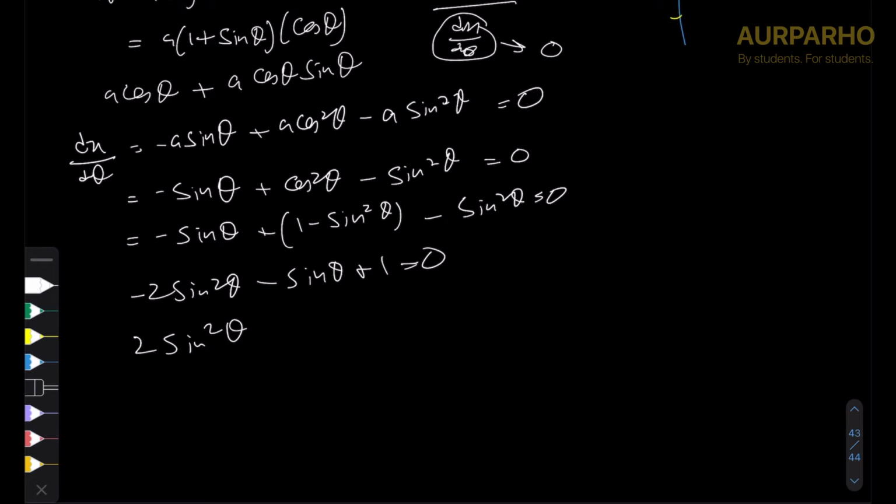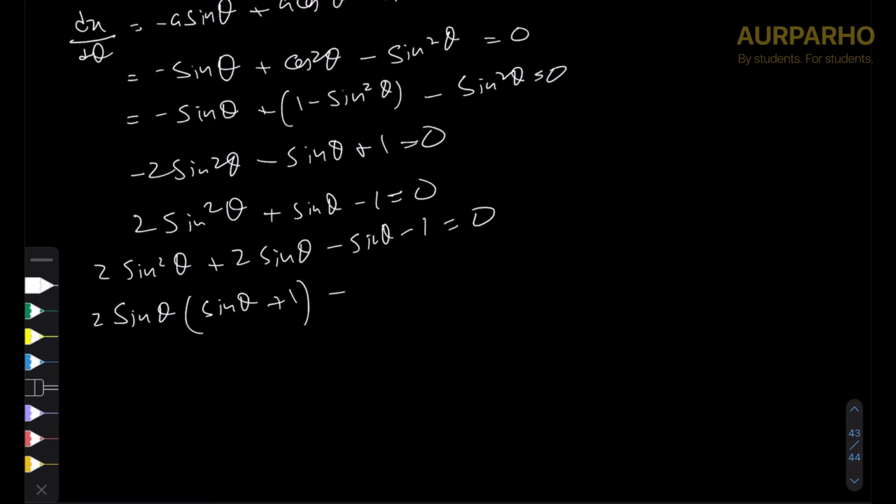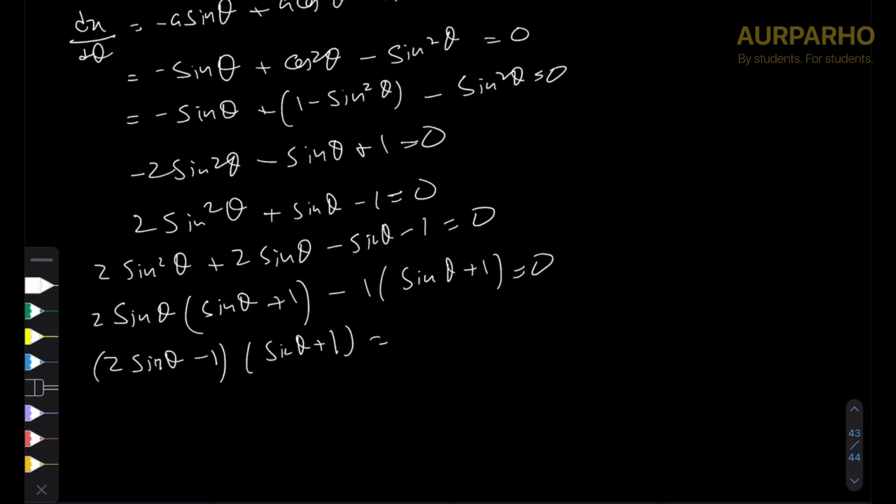And I like to keep my highest powers positive. Okay, we can middle term break: 2 sine squared theta plus 2 sine theta minus sine theta minus 1. Let's take 2 sine theta common. Sine theta plus 1 minus 1 times sine theta plus 1 equals 0. So you get the factors as 2 sine theta minus 1 times sine theta plus 1 equals 0.